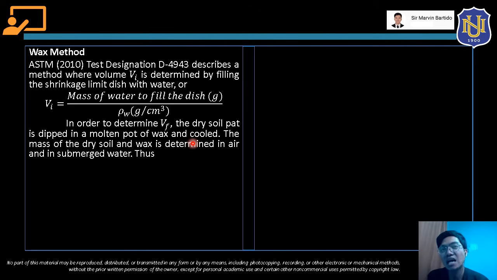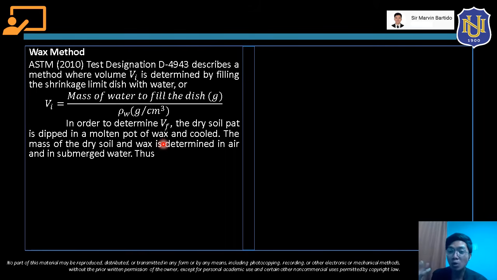But in this case, if we submerge the dry soil in water, the soil will just absorb the water. So instead, what we need to do first is dip it in a molten pot of wax.